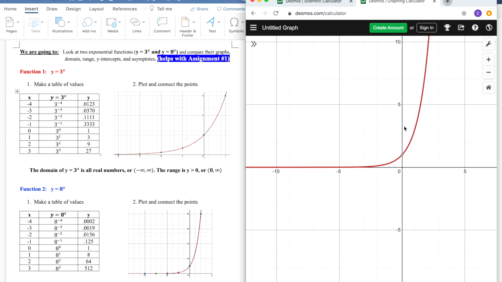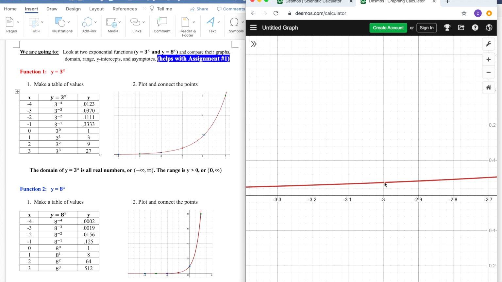The range is up and down. If I follow it up, it goes up towards the positive infinities, but if I follow it down, it actually does not reach the negative side, and that is because there is something on this graph that's making this graph turn instead of continuing to go down. And it looks like it's touching 0, but what I'm going to do is actually zoom in.